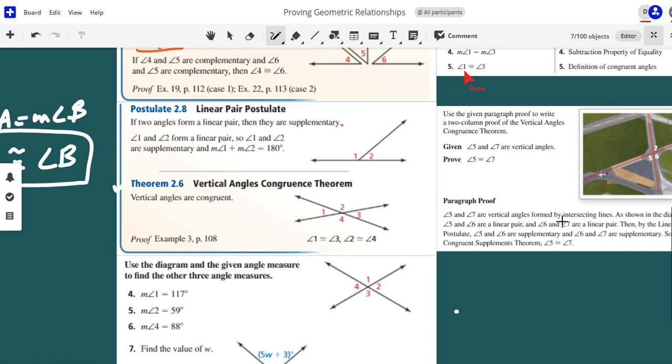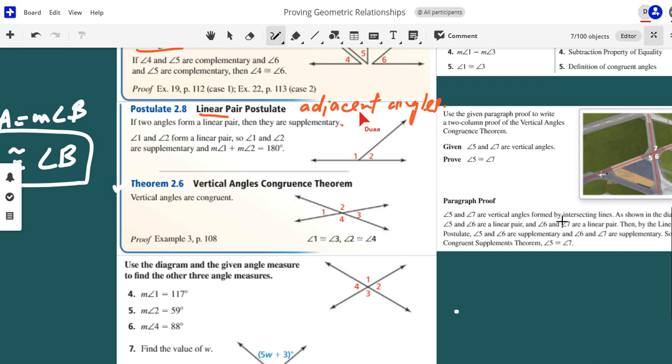Linear pair means adjacent angles. What does linear pair mean? The term is used to represent adjacent angles. Now there is a question: what are adjacent angles? Two angles are said to be adjacent angles if they share a common arm, and their sum is 180 degrees, we will call them adjacent angles.